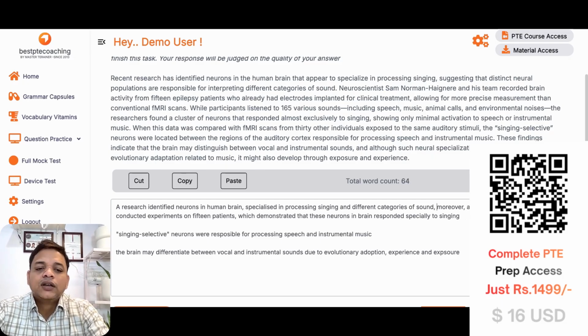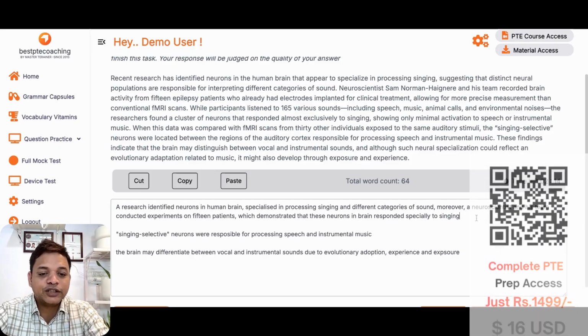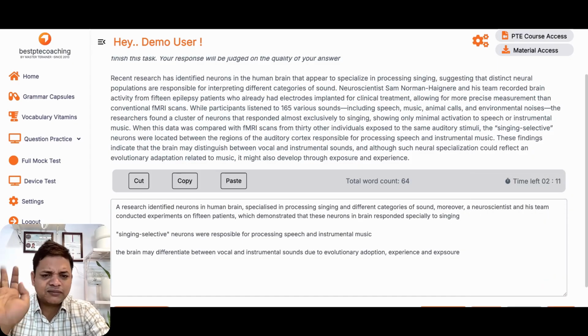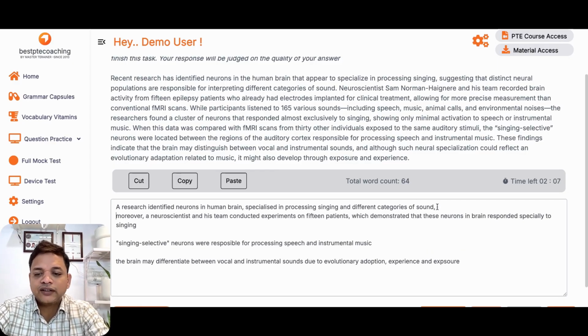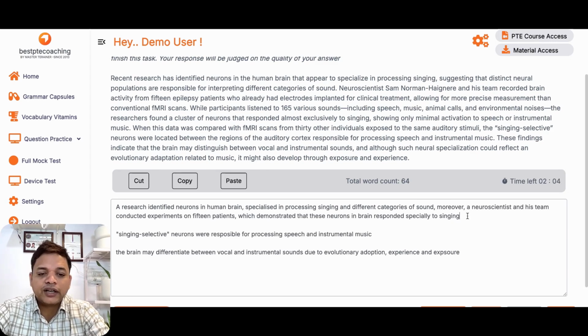But let's keep it simple. Moreover, or in addition, whatever you can write, a neuroscientist and his team conducted experiments on 15 patients which demonstrated that these neurons in the brain responded specially to singing. That is the demonstration the experiment has done. So both are in the same flow, this one and this one. Therefore, we used moreover. All right.